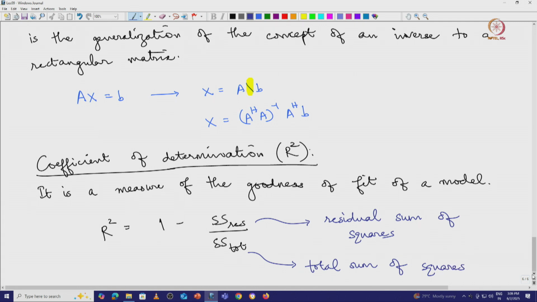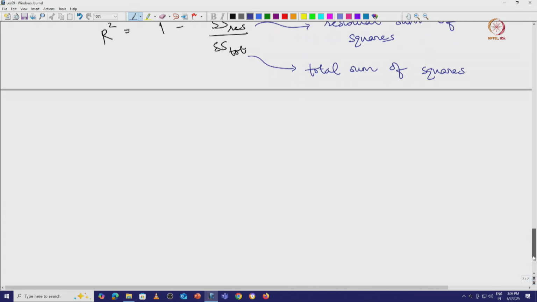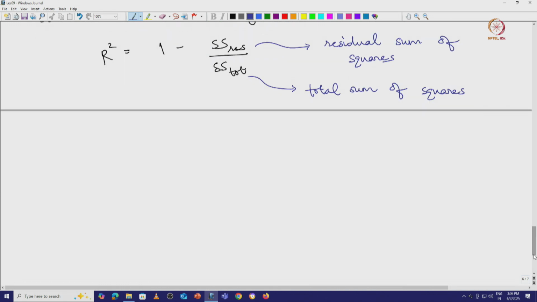and this equation can be simplified as follows. Your residual sum of squares is the sum, i going from 1 to n, of the difference between the true value and the predicted value. Essentially this is equal to the sum of squared errors SSE that we had worked with.